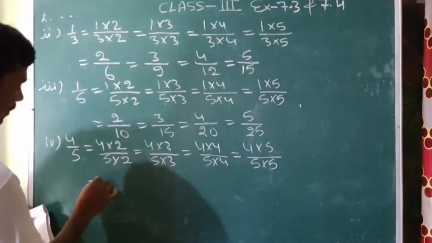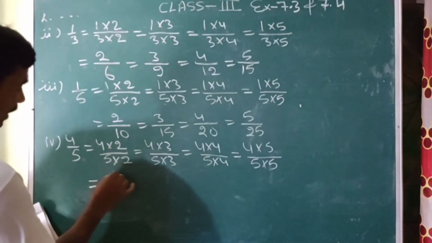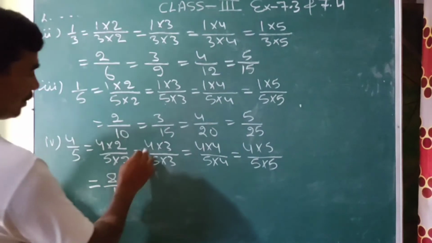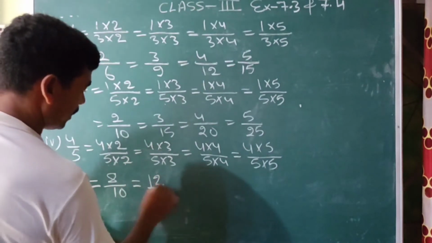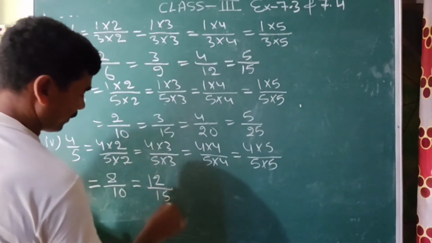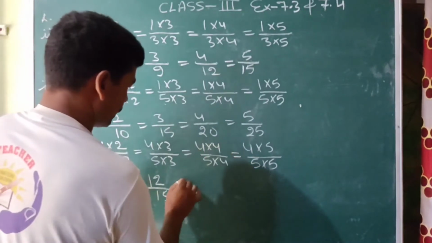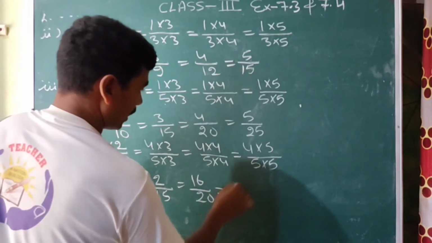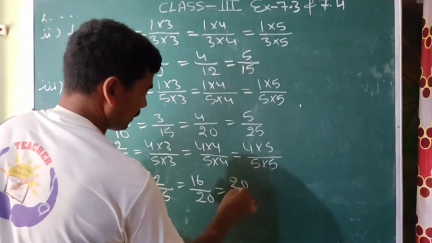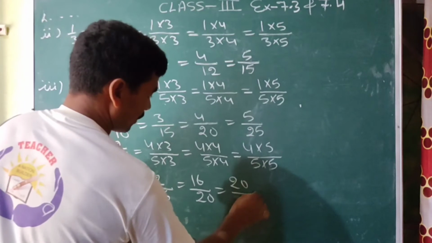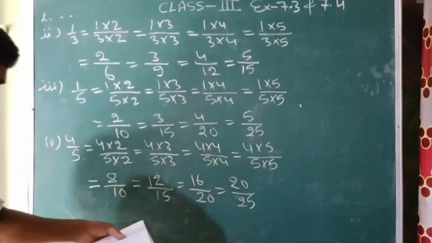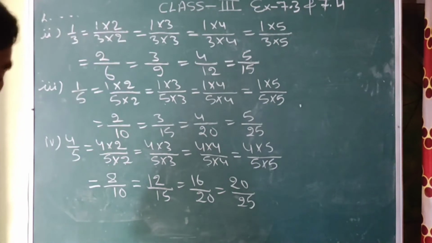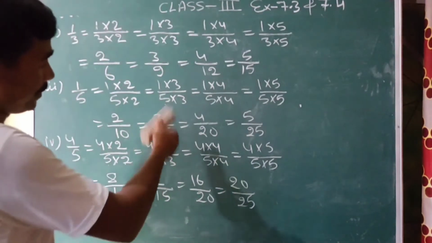So that will become 4 2 ja 8 upon 5 2 ja 10, equal to 4 3 ja 12 upon 5 3 ja 15, and then 4 4 ja 16 upon 5 4 ja 20, then 4 5 ja 20 upon 5 5 ja 25. The fifth part is left, so do that part by yourself. Similarly you will do it.